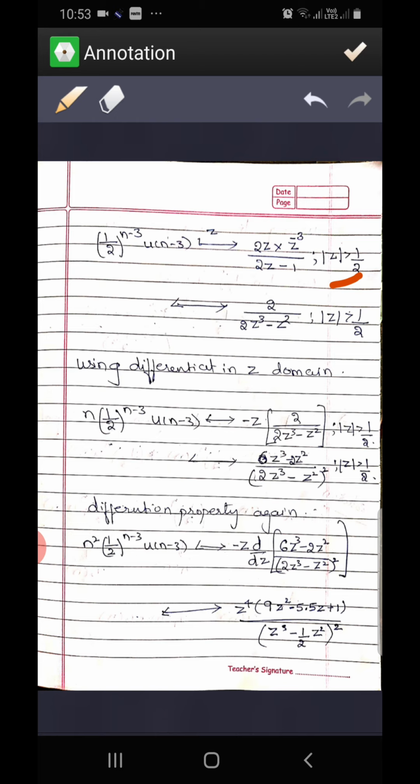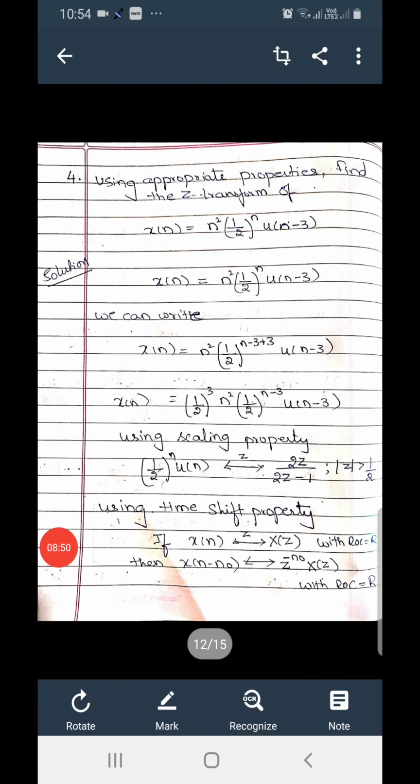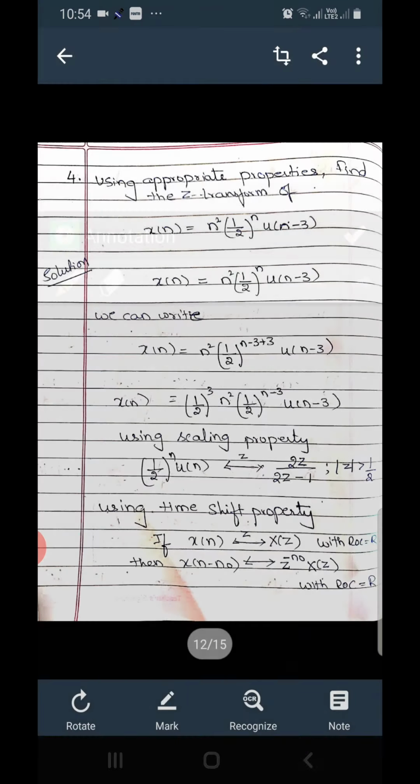Simplifying this one and rearranging the terms, we get 2 by 2z cube minus z square, mod z greater than 1 by 2. But here, what else do you have in the problem? You also have 1 by 2 whole raised to n here.